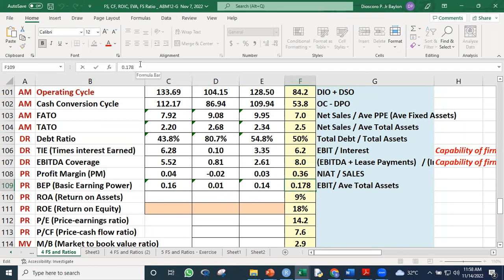Okay, let me just do it. Gawin ko na lang 0.18, no, to round it off. 0.18, mas malaki yung basic earning power ni direct competitor compared to our company. Okay, so let me pause for a while and let me just check, class, if okay yung natin so far.